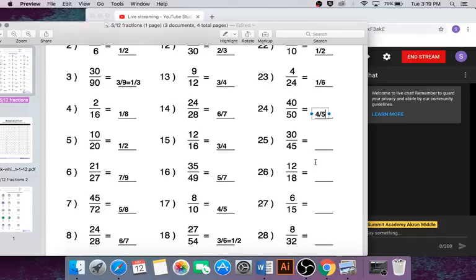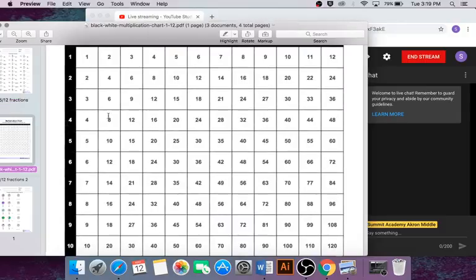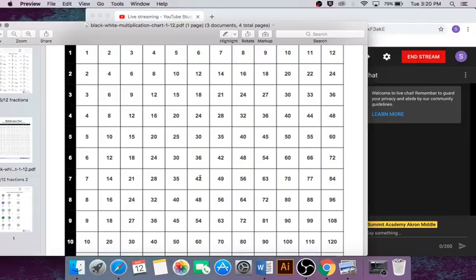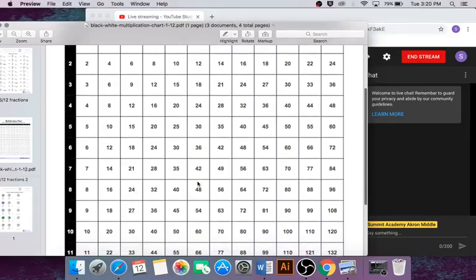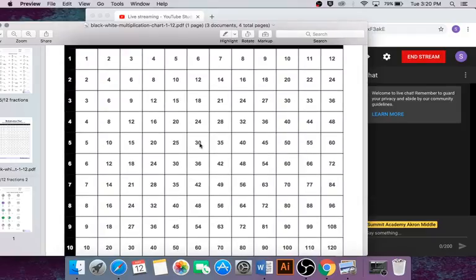For number 25, we have 30 and 45. So 3 goes into 30. 5 goes into 30, and it goes into 45. So let's use 5. So 30 goes into 30 six times, and 45 goes into 45 nine times, so 6 over 9.